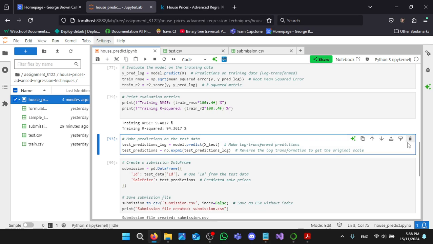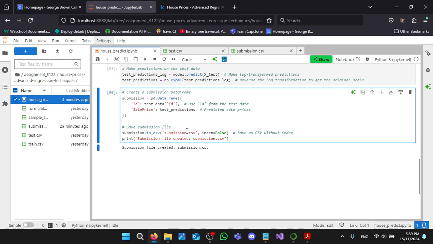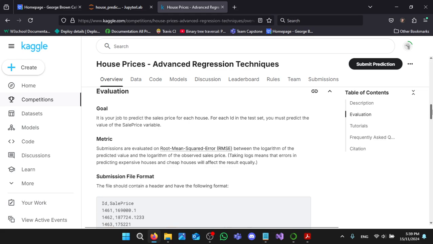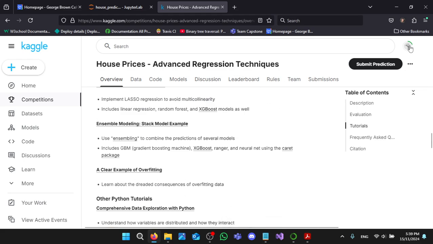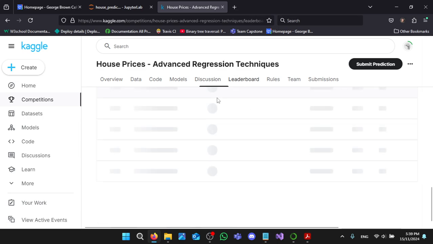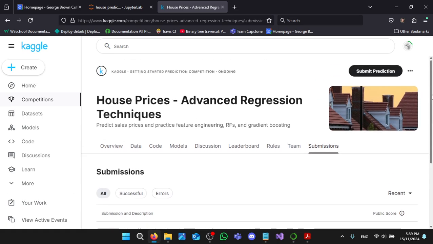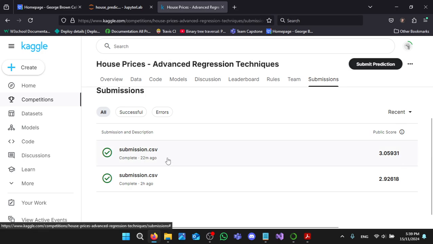After that, I make the submission file and put all of that information in. If you look at this, I have submitted on the board. Where is it? Submission. I think my submission is here. So I got a public score.